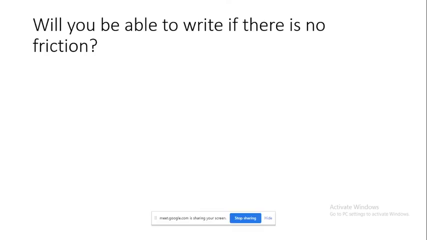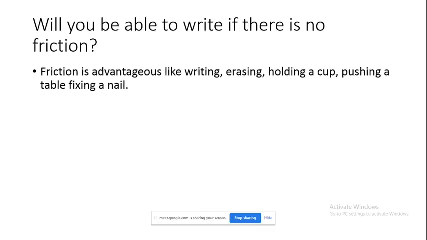So all are agreeing that we won't be able to write if there is no friction. Now, friction is advantageous when we are writing. Suppose you are writing on a paper. I am writing ABC. Why can you see those words on the book where you are writing?